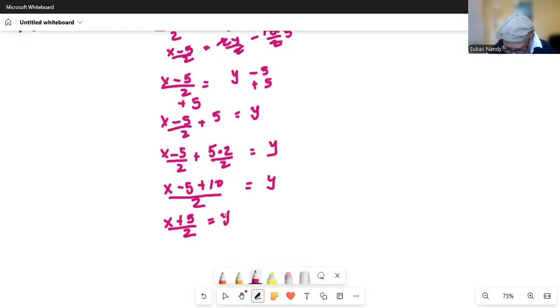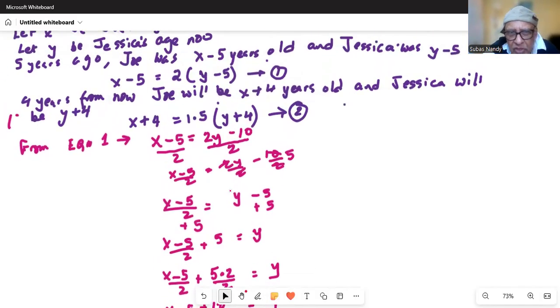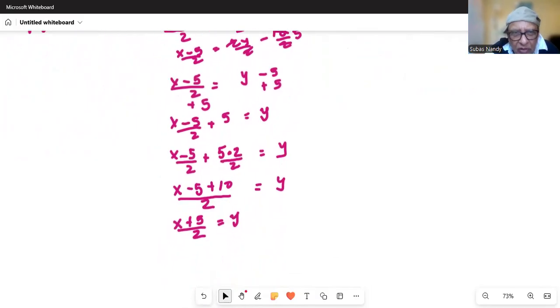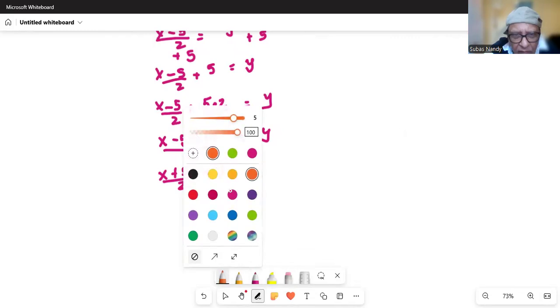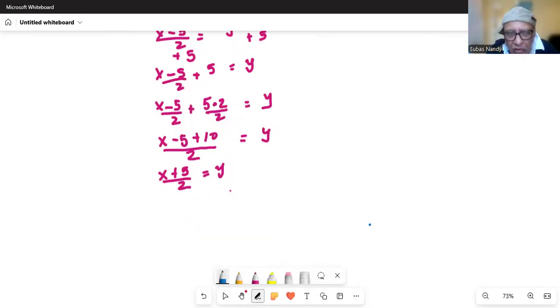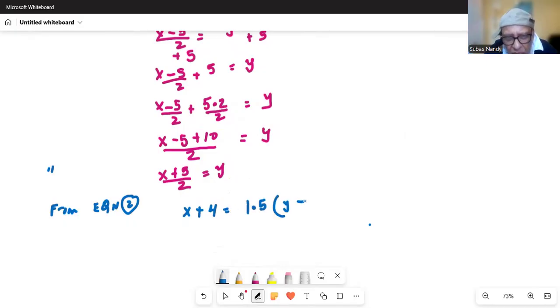Now, let's go to equation number 2. Let me show you equation number 2: x plus 4 is equal to 1.5 times y plus 4. Now if I change the color back to this, from equation 2, you have x plus 4 is equal to 1.5 times y plus 4.